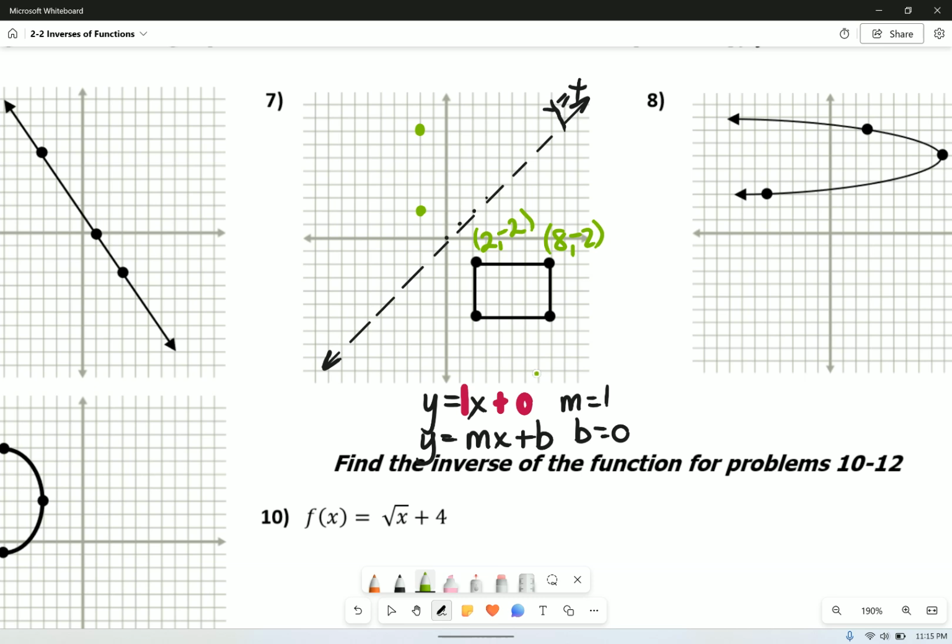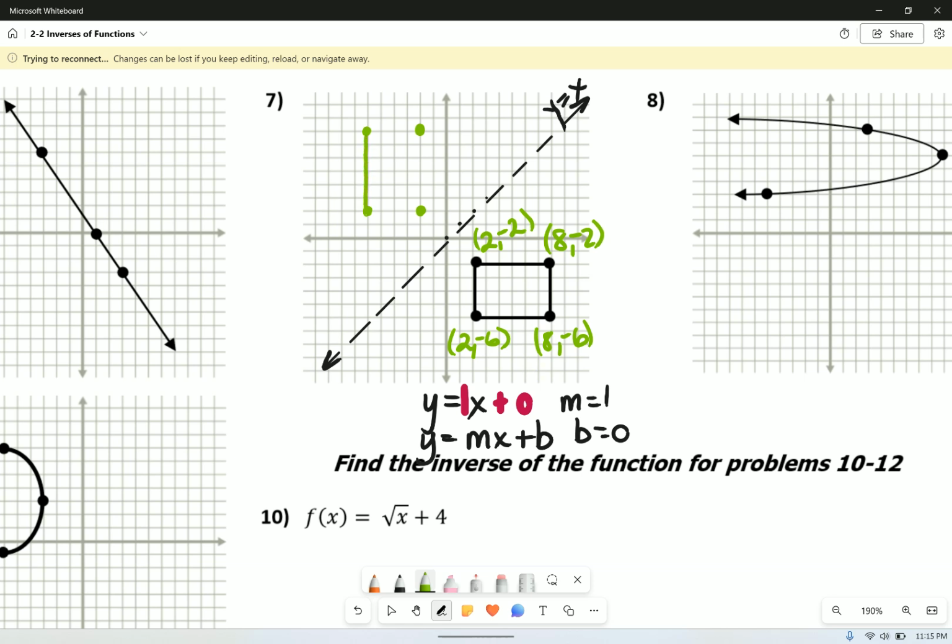And then we have 2, 1, 2, 3, 4, 5, 6. So 2, -6. So we graphed -6, 2. And then the last is going to be 8, -6. So we'll go -6, 8.